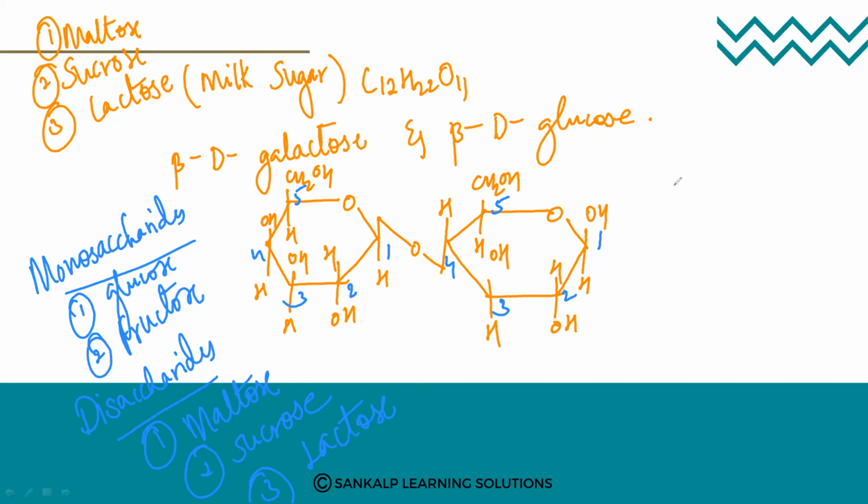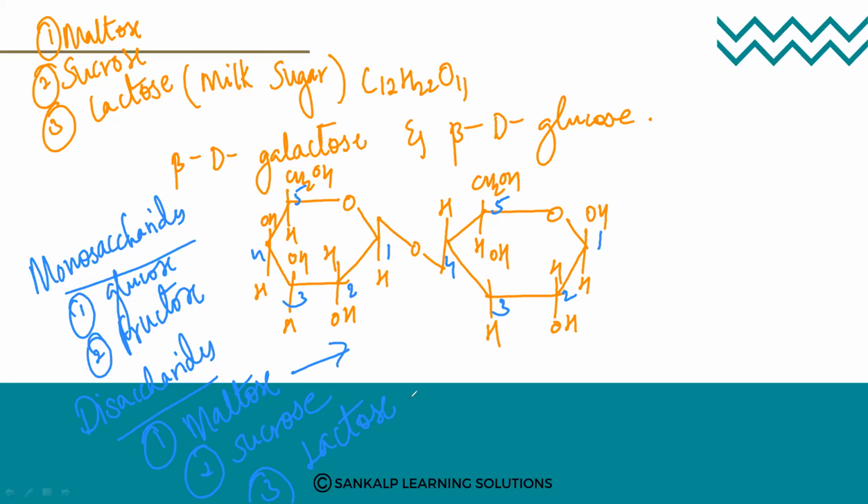Remember that a disaccharide means it consists of two units. For example, maltose is made up of alpha D glucose and alpha D glucose, two glucose units, with a glycosidic linkage between C1 and C4. Sucrose has two monosaccharide units, alpha D glucose and beta D fructose, with a C1 C2 glycosidic linkage between C1 of glucose and C2 of fructose.